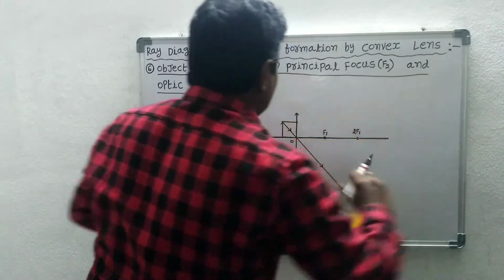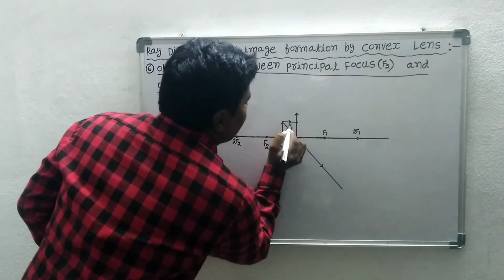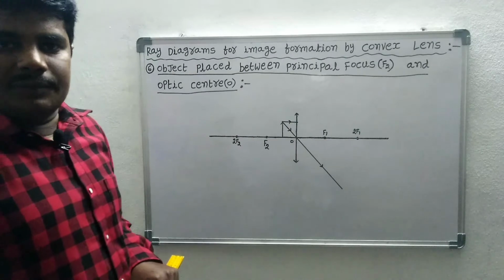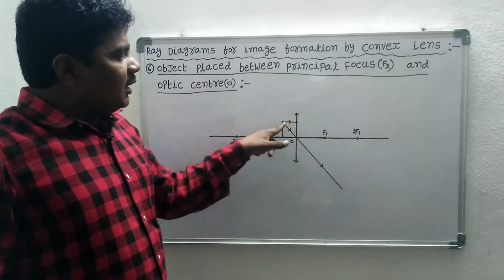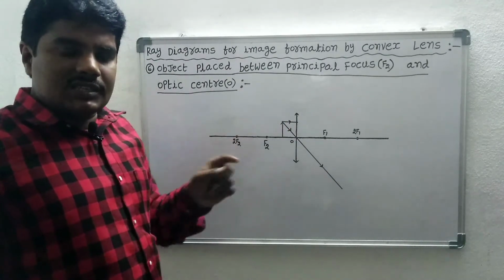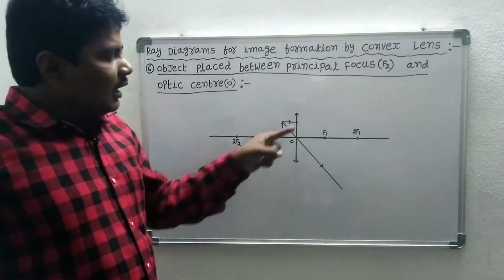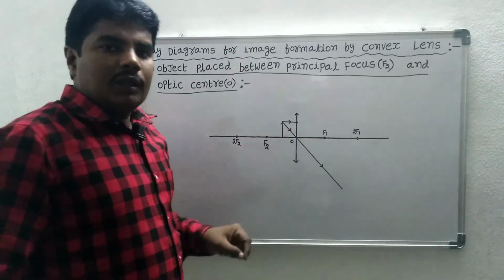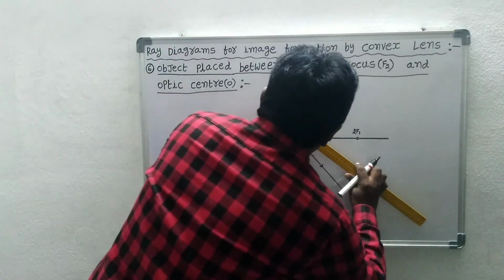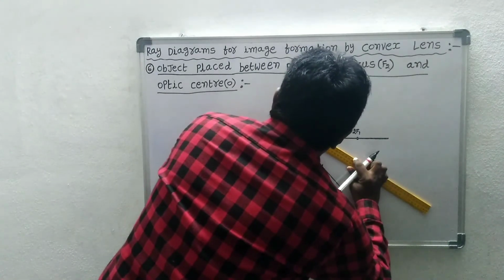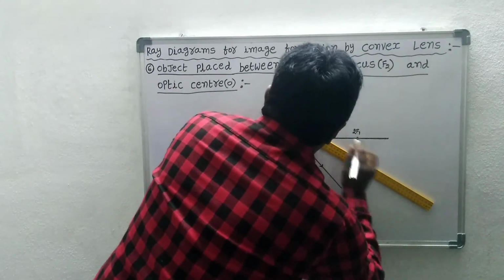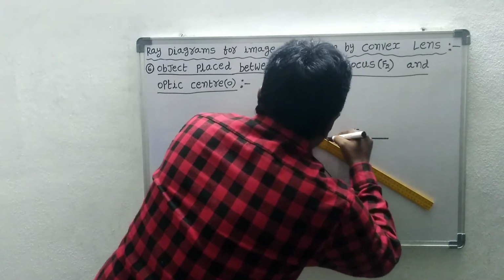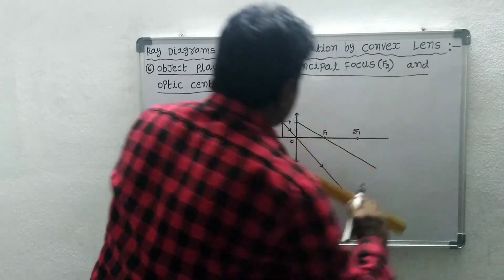That light ray is deviated and passes through the principal focus, like this.